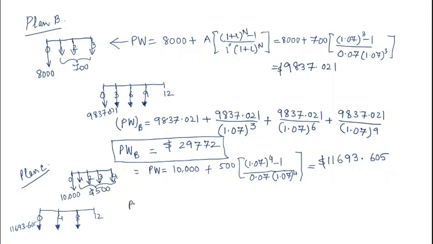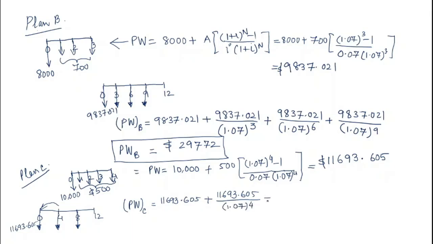So if I find out the present worth of plan C, this will be equal to 11,693.605 plus, treating this as future worth F and finding its equivalent at the present point of time, 11,693 divided by 1.07 to the power 4.